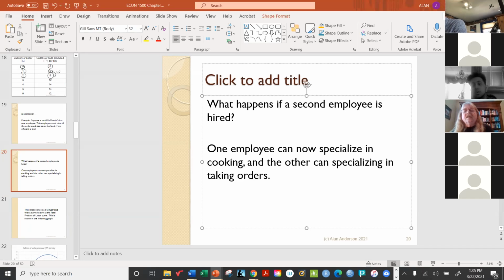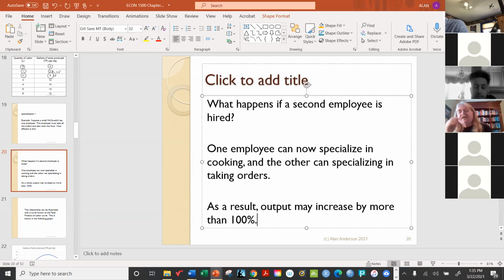As a result, output may more than double, or may increase by more than 100% because of specialization. So one guy can stay back there and just cook all day, and the other employee can take the orders.